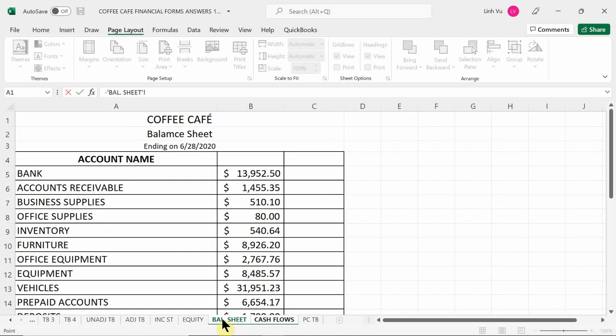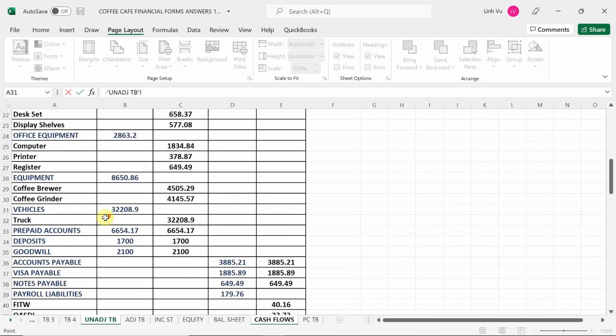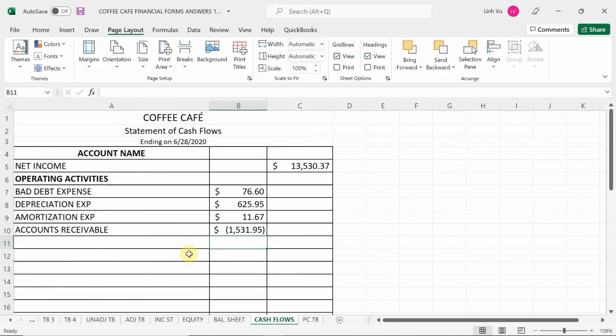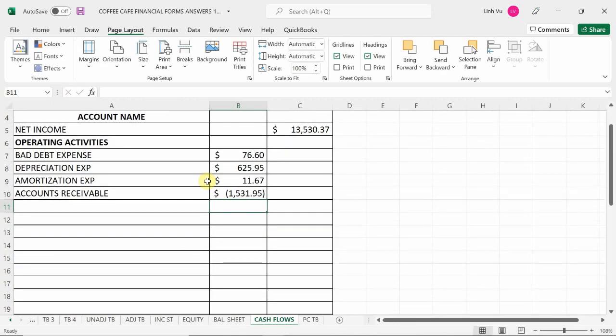Therefore, this number right here includes that number. So we have to actually go to our unadjusted trial balance to figure out what was the total amount of accounts receivable prior to calculating the bad debt, which in this case is 1531.95. That's the number you want to subtract out, because this is the total amount of cash you never received. So that's how we have to understand this.